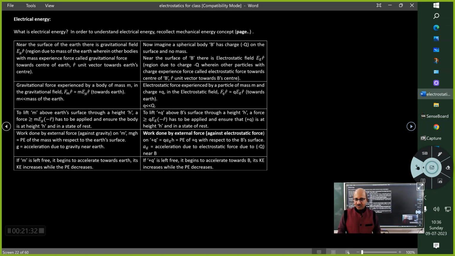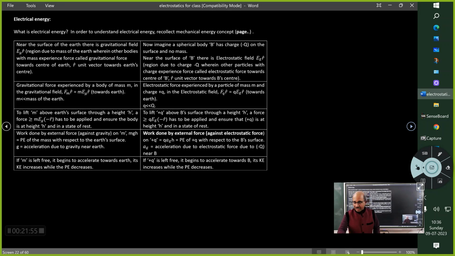Now, this is positive charge, this is negative charge. So if I leave my hand, what will happen? It will get attracted and consequently accelerated. Now, if I want this object to come here, what should I do? I have to apply force.